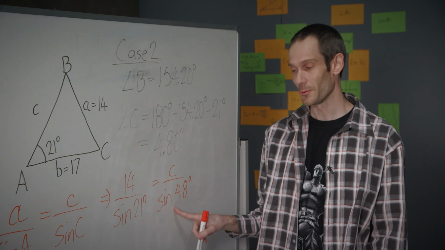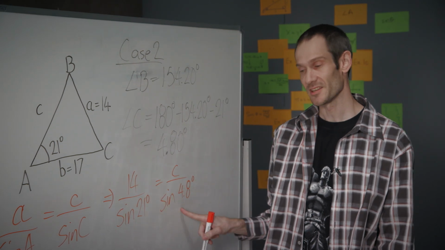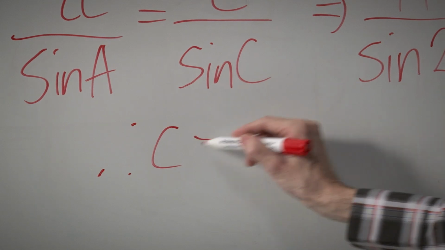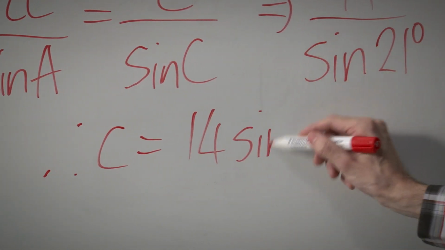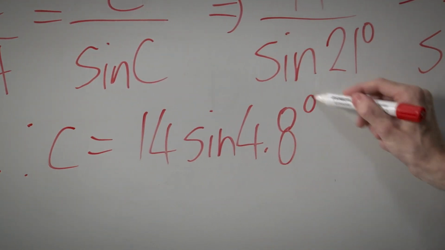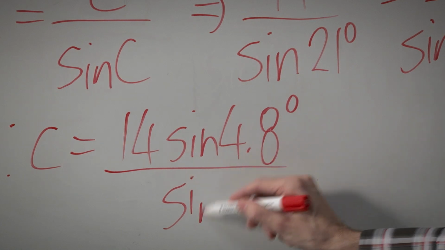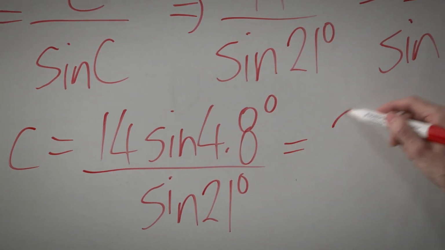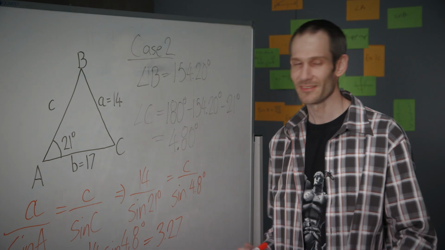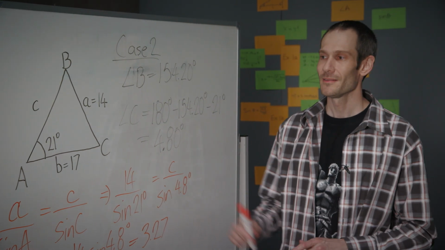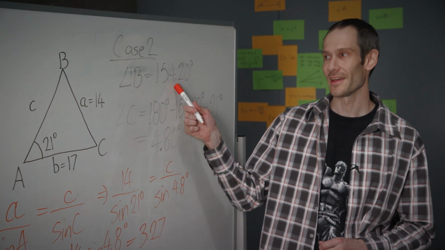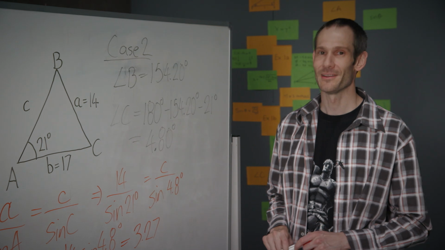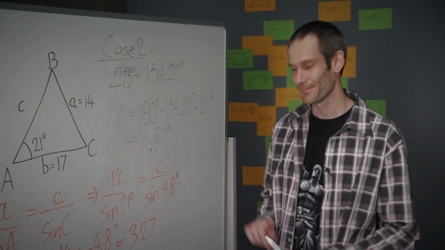Making c the subject of the equation, multiply both sides by the sine of 4.8 degrees. Evaluating this on our calculator gives us our side length c. So here we solved the triangle in the second case where the angle at B was equal to 154.2 degrees.